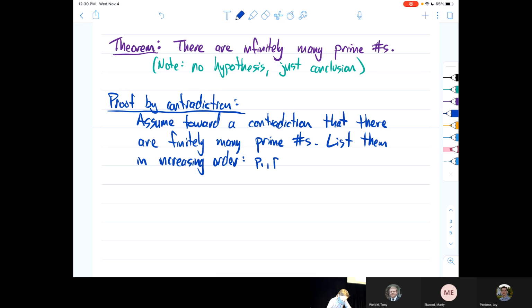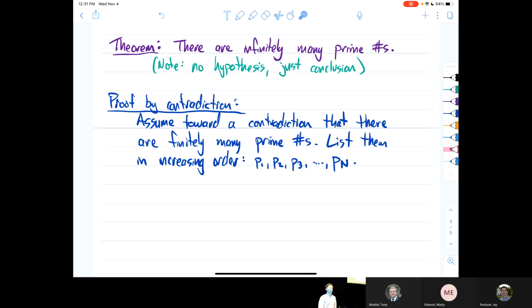P1, P2, P3, all the way up to the biggest one, which we'll call P sub capital N. And there's no dot dot dot to the right of this because we're assuming there are a finite number. So we're assuming there are a capital N of them. It could be 10, 100, 1,000, a million. We don't know. But since they're a finite number, we can write them out in a finite list and give them all names.